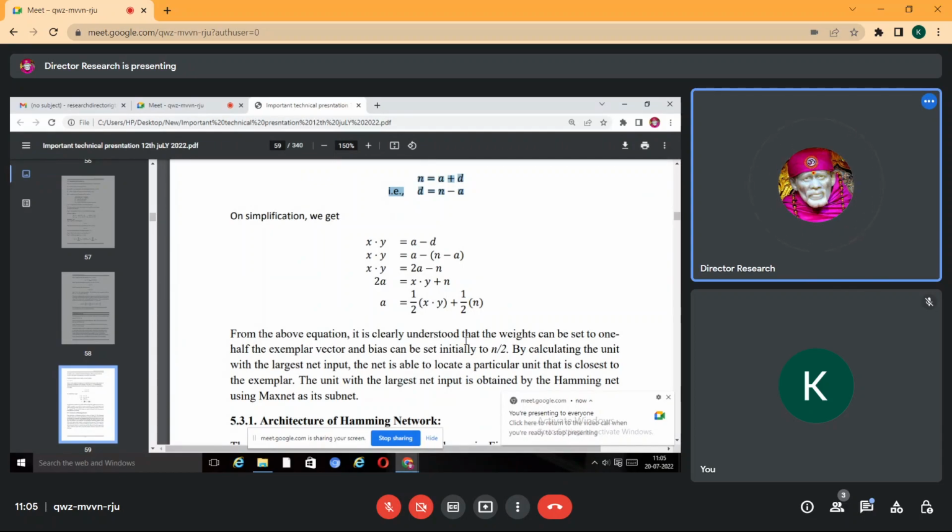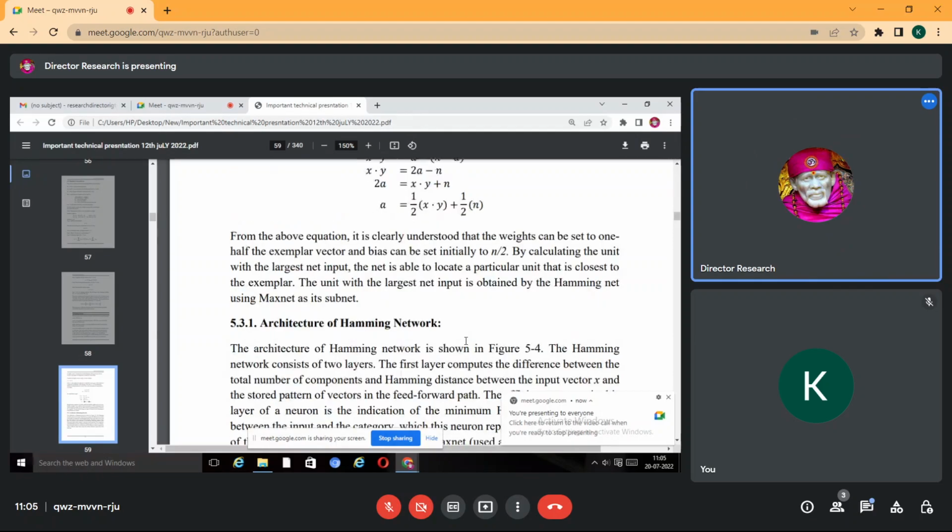From the above equations, it is clear that the weights can be set to one half of the exemplar vector and the bias can be set, with the unit having the largest net input. The net is able to locate the particular unit that is closest to the exemplar.